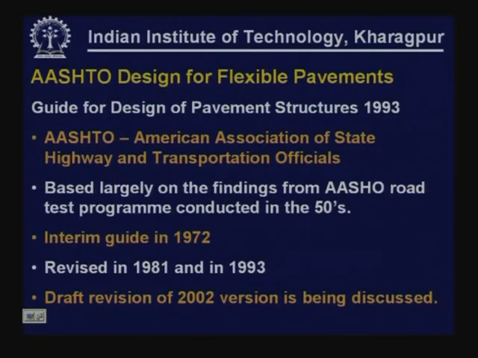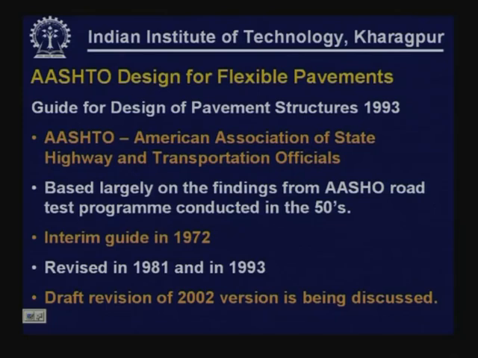In fact, what we are going to discuss here is the AASHTO guidelines as per their 1993 guide. AASHTO stands for American Association of State Highway and Transportation Officials. It used to be formerly known as AASHO, American Association of State Highway Officials.